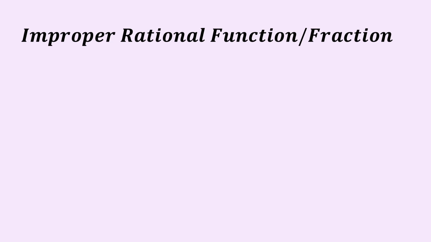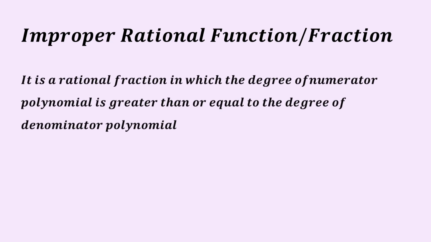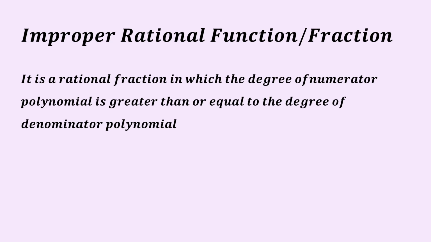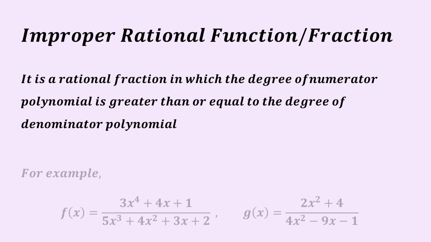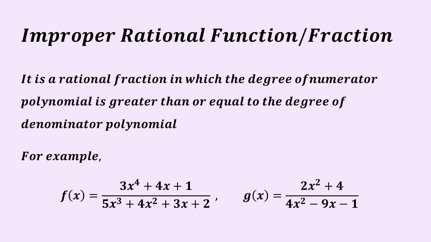An improper rational fraction is a rational function having the degree of the numerator polynomial greater than or equal to the degree of the denominator polynomial. For example, in these problems, we can see the first function f(x) has a numerator polynomial of higher degree than the denominator polynomial, and g(x) has both numerator and denominator polynomials of the same degree.